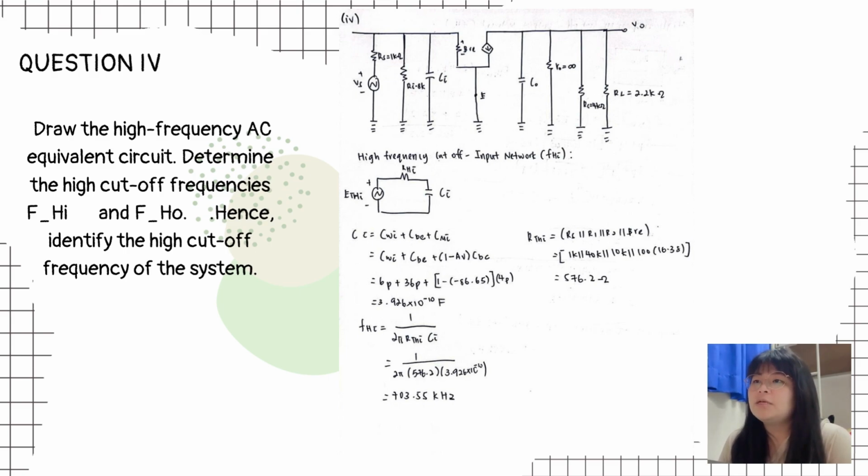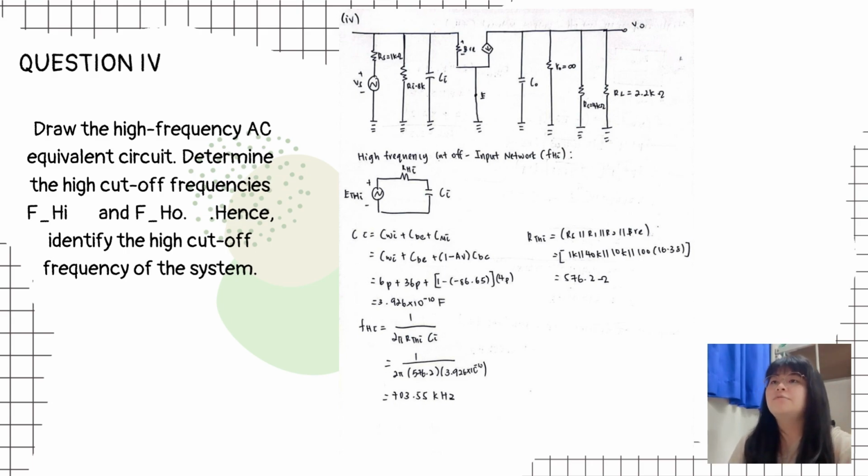Using the numbers given, we can find that the value of Ci is 3.926 times 10 to the power of negative 10 farad.